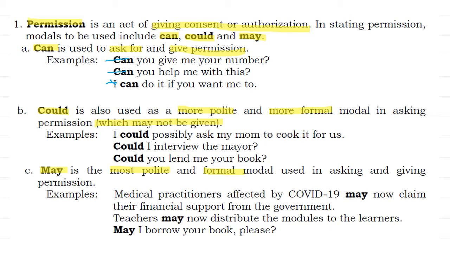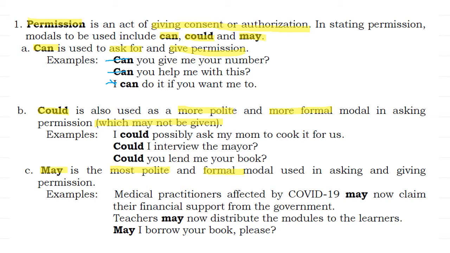Examples: Medical practitioners affected by COVID-19 may now claim their financial support from the government. Teachers may now distribute the modules to the learners. May I borrow your book, please? This modal may be used if we are referring to authorities.